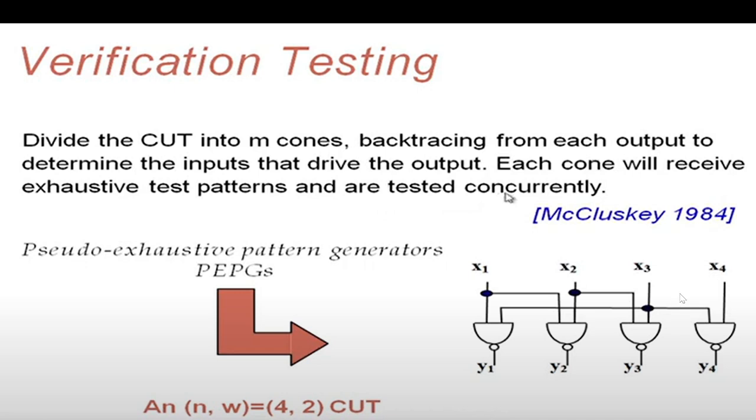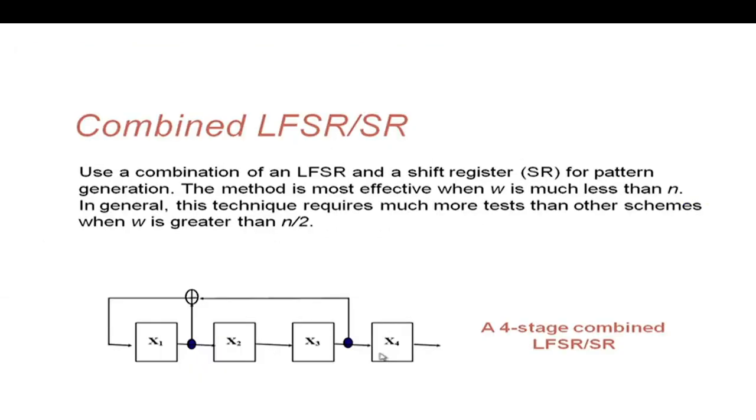And I think it's 725. If we say that the method is effective in the combined LFSR when W is much less than N, and this technique requires more tests than other schemes when W is greater than N by 2.